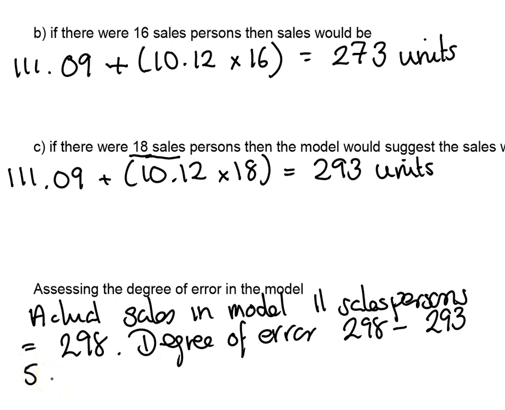Always when we have absolute figures, they're not telling us very much. It's much easier to have this as a percentage. So we take this as a degree of percentage of our actual data, 298, and of our forecast data, 293, because we're looking at the error in the model, and that's an error of 1.7%, which is not significant.